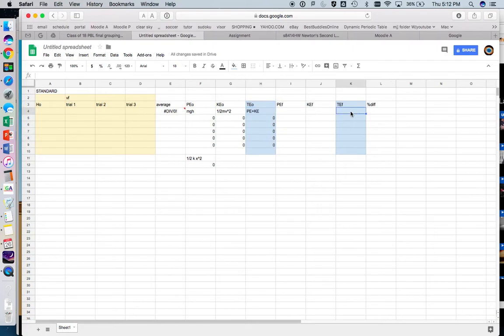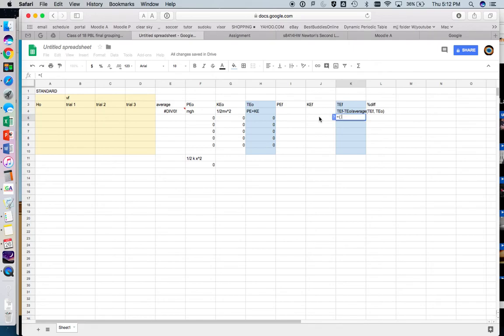And so it should equal TE final minus TE 0 divided by the average of TE final, comma, TE 0. Now the only tricky thing about this is you have to do order of operation.